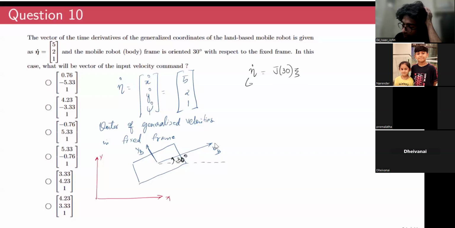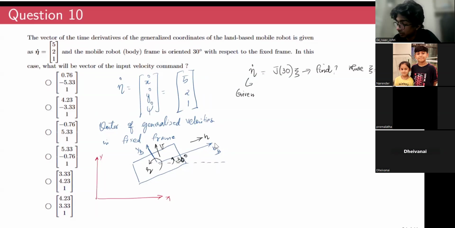In the question, eta dot is given, and you are asked to find this vector zeta, where zeta is u, v, r: the longitudinal velocity along the XB axis, the lateral velocity along the YB axis, and the angular velocity along the ZB axis. So how do you find it?